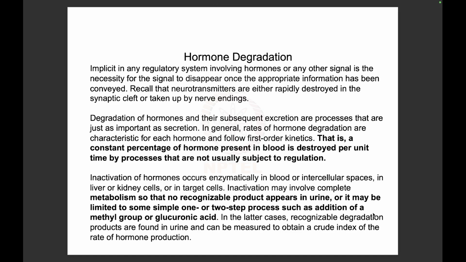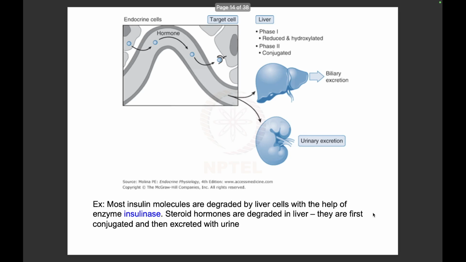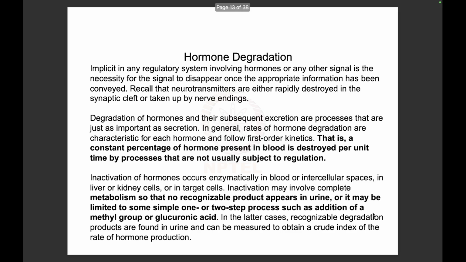So hormone degradation we can also study. Degradation of hormone and their subsequent excretion are processes that are just as important as secretion. In general, the rates of hormone degradation are characteristic for each hormone and follow first order kinetics.